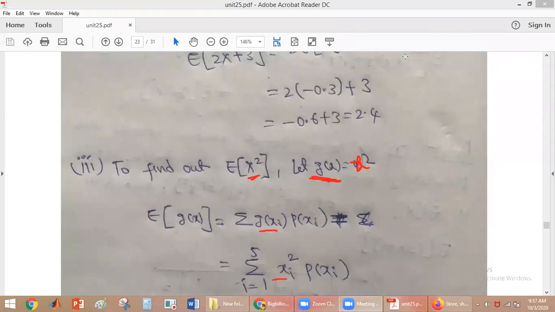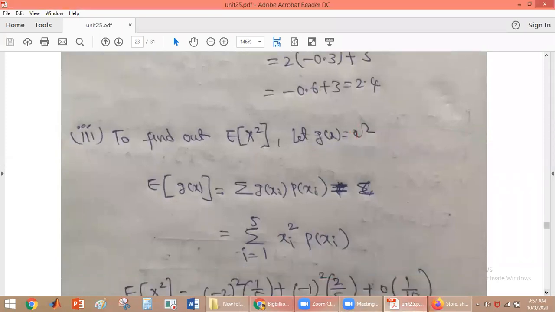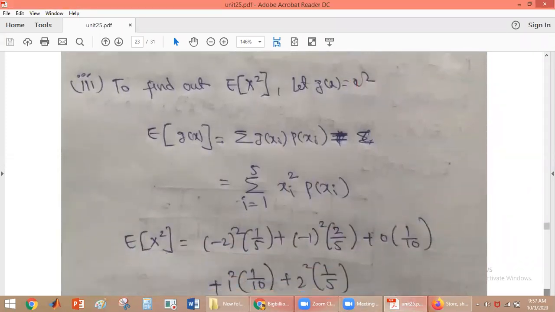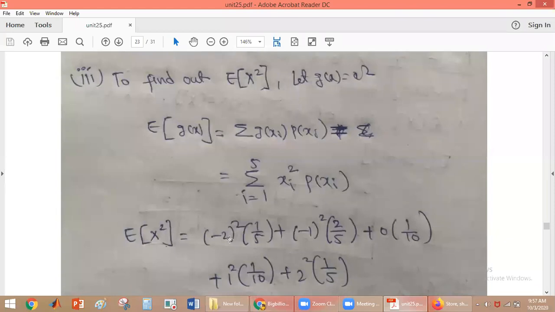So now, what is xi? The first value is -2 square.